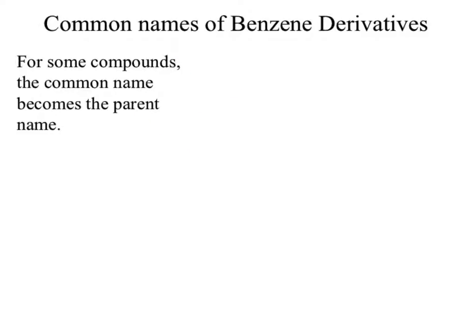For some benzene compounds, they are so common that we refer to them not based off of our standard nomenclature system, but we assign a new name to them. For instance, you already know one of them.